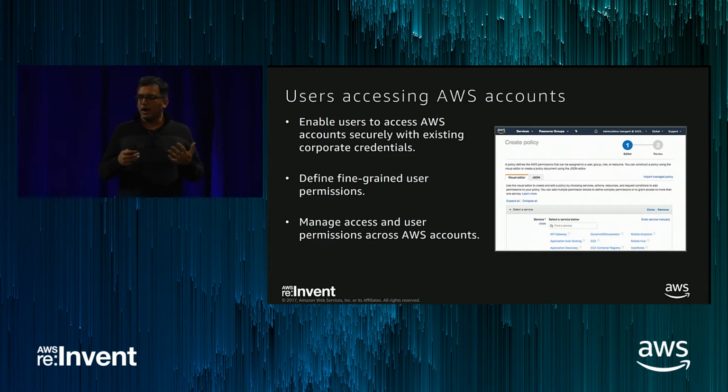The most common and most recommended way would be if you already have your corporate directory, typically Active Directory, or some other SAML-enabled identity directory, then you should federate into AWS, right? The nice thing about that is that your users, your IT pros and developers, can use their corporate credentials when accessing applications as well as when accessing AWS and managing AWS infrastructure, right?